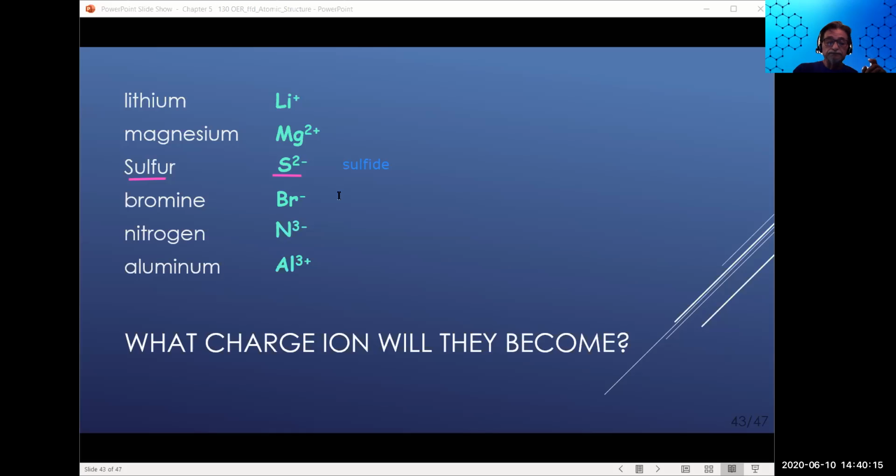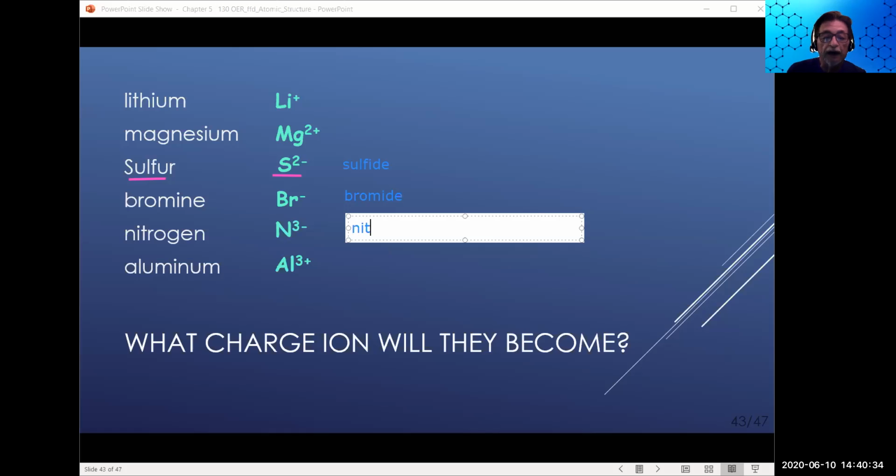Bromine, when it's the element, is called bromine. When it picks up that electron, its new name is now called bromide. Okay, and nitrogen, when it becomes an ion, now is called nitride.